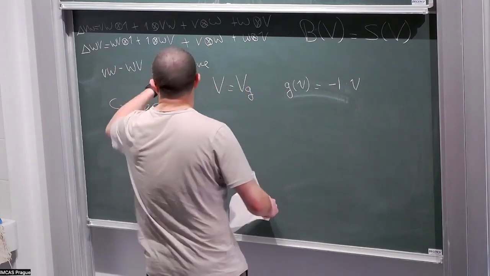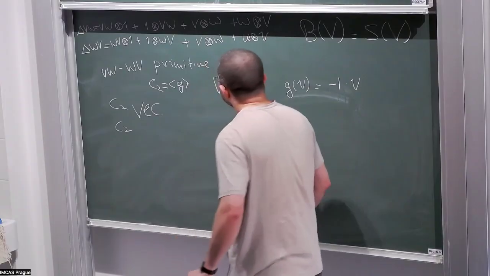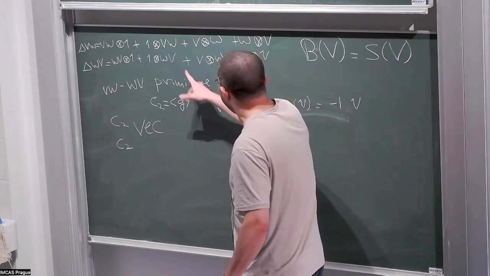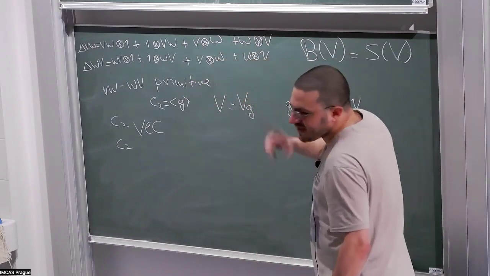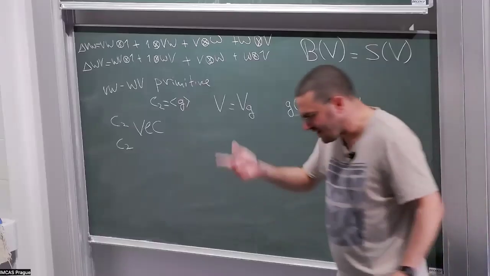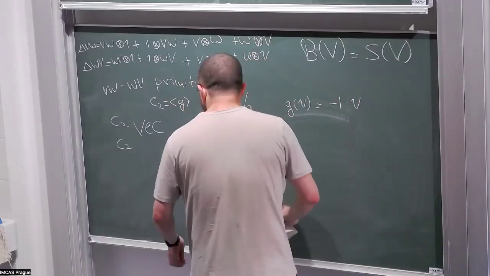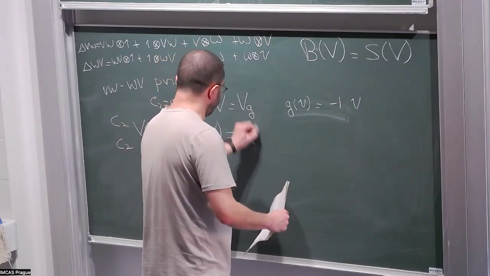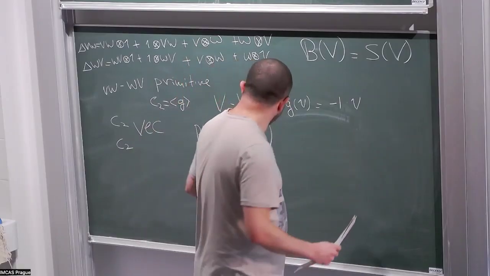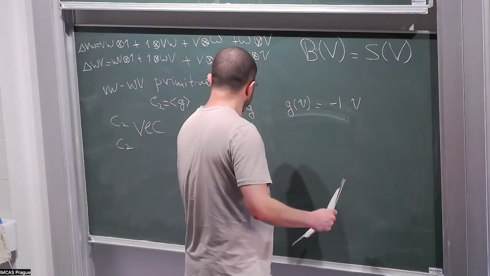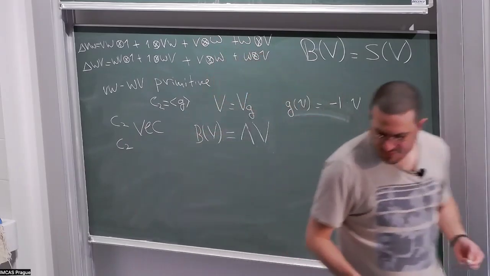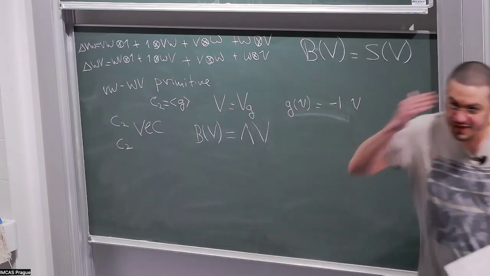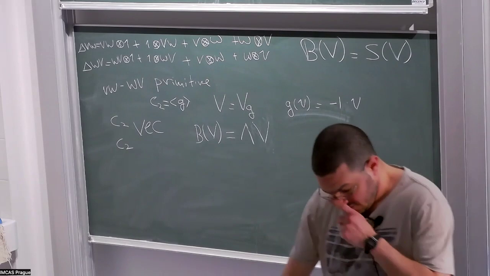And in this case, I will have very similar calculation, except for the annoying fact that here one time I will have minus, and here I will have plus minus, and here I will have minus plus. So instead of taking VW minus WV, I will have to take VW plus WV. And the result is that in this case, B of V is just the exterior algebra on V. Okay, so in this case, it actually will be finite dimensional. In the first case that we gave here, it won't be finite dimensional. It will be infinite dimensional.